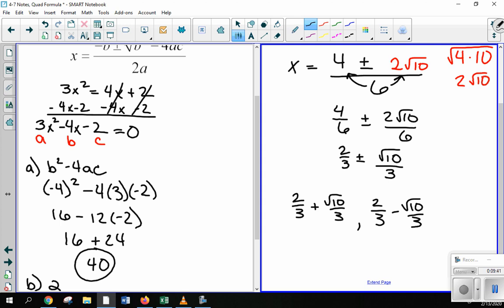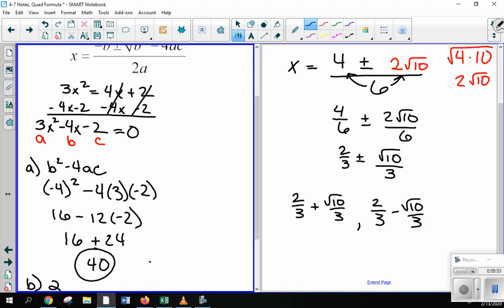If they state your answers as the exact answer, this is the exact answer. A rounded answer would be the decimal form where you take 2/3 plus the square root of 10 over 3, press equals on the calculator, and it's rounded. So make sure you know both of those, because sometimes they want the answer one way, sometimes the other. All right, we'll try one more.